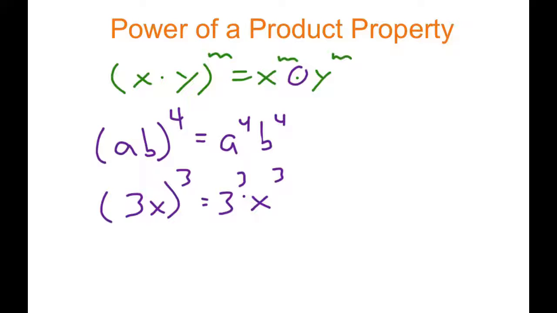We know that when you have variables and numbers next to each other like that, we're talking about multiplication. All right, now, this answer might be fine if they wanted you to leave with exponents, but usually they would want you to simplify this more. 3 to the third power is 27, and then x to the third just stays the same, and you would get 27x to the third.